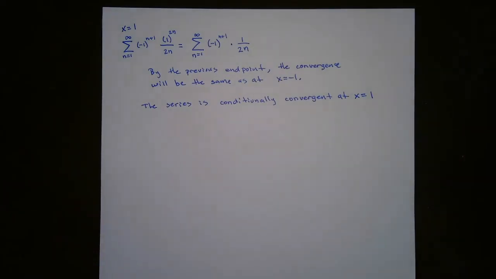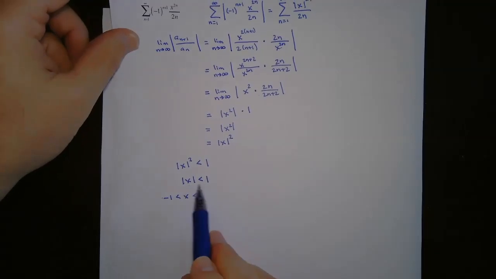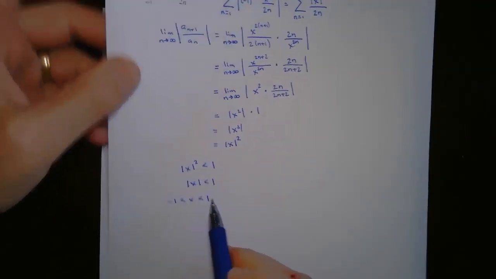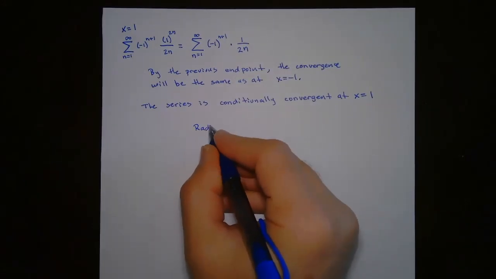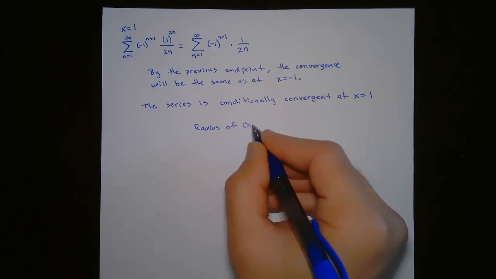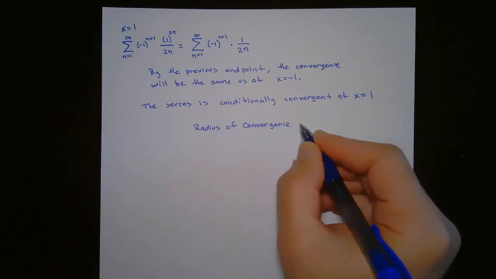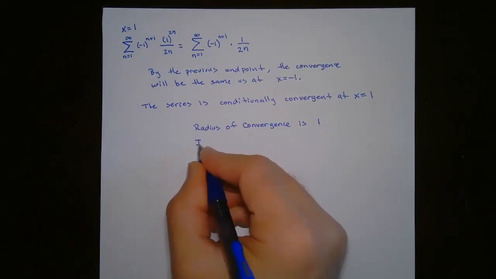What's the radius of convergence? Okay, so you look at this, and we can tell that the radius of convergence is 1. So I'm going to write radius of convergence is 1.